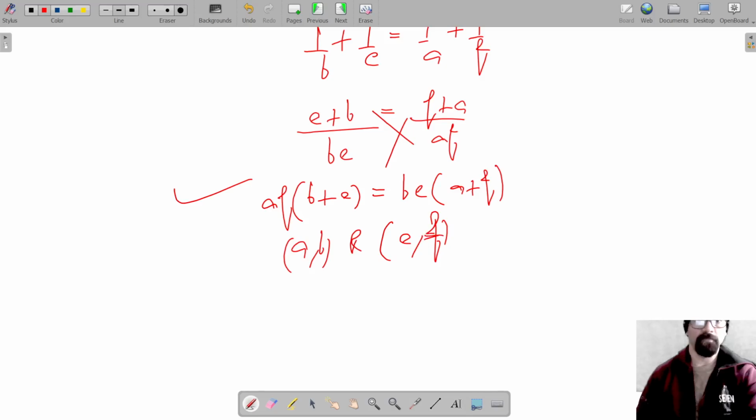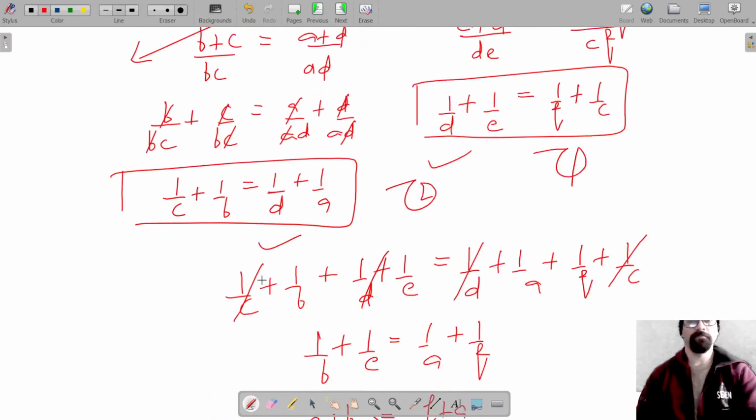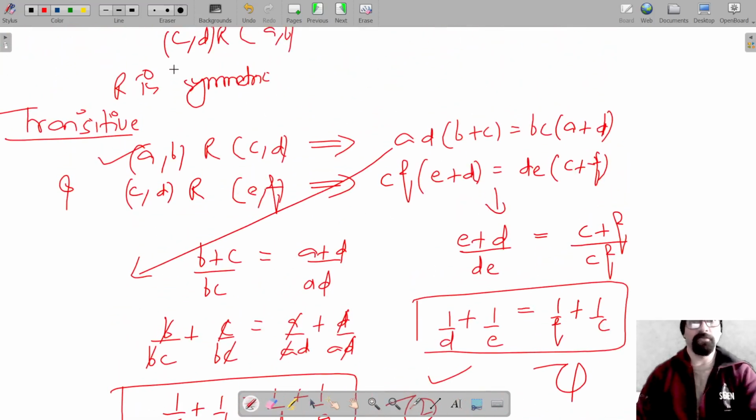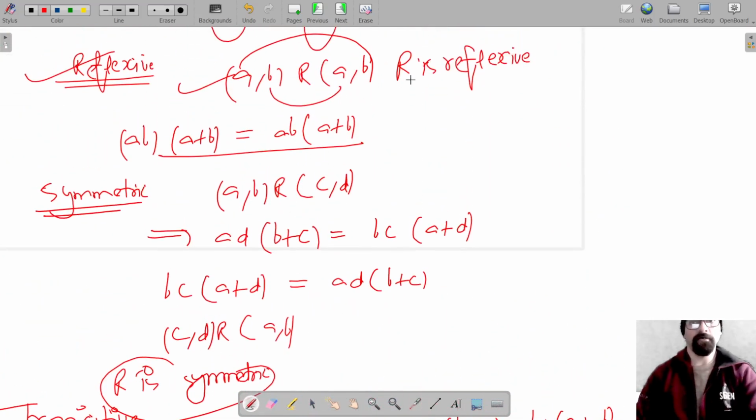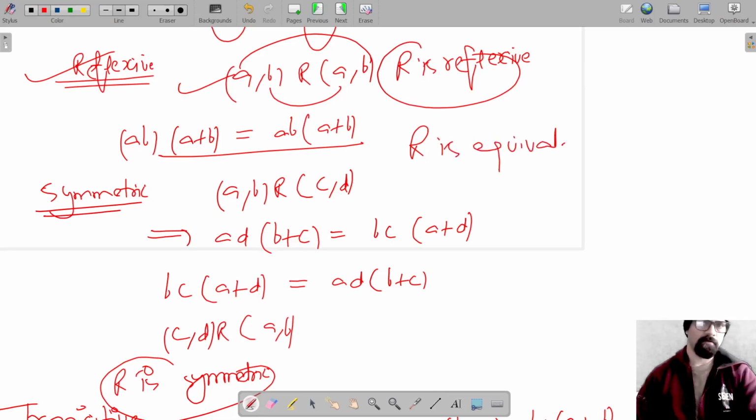So that means R is transitive. Now R is transitive, R is symmetric, and R is reflexive. So that means R is an equivalence relation.